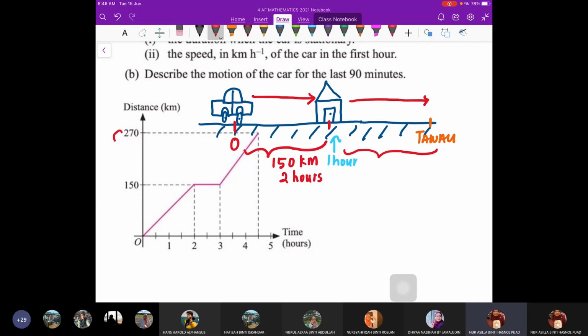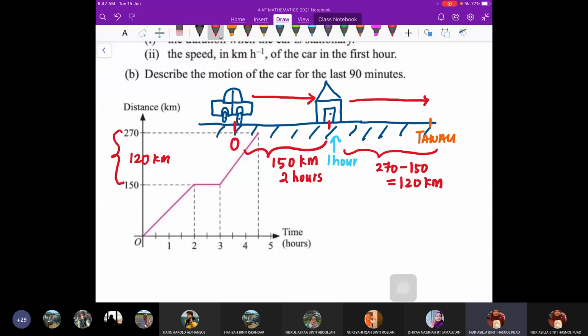Tapi jarak daripada tempat dia rehat pergi Tawau bukannya 270. Tetapi perbezaan 270 dengan 150. Okay. Which is berapa ni? 120. Okay. Jadi jarak kat sini adalah 270 minus 150, which is 120 kilometers.